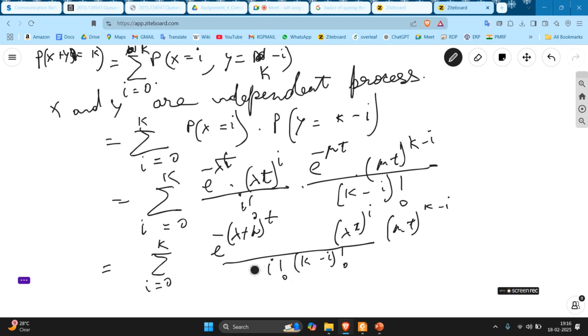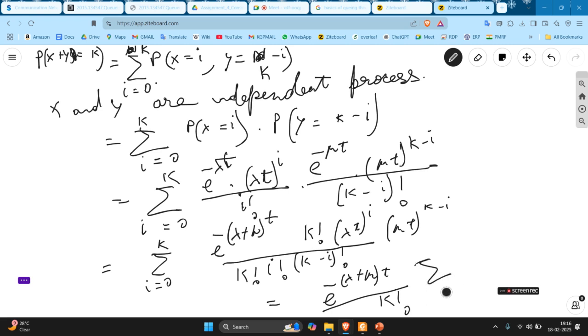What we will do is divide on both sides by k factorial and take out the k factorial. So this is basically e to the power minus (lambda plus mu) into 1 by k factorial. We will take this out.